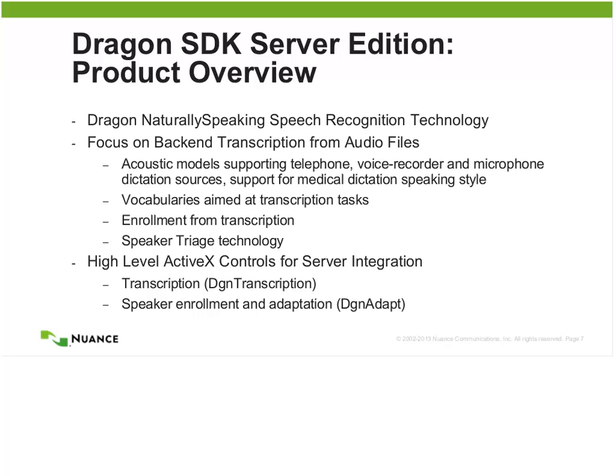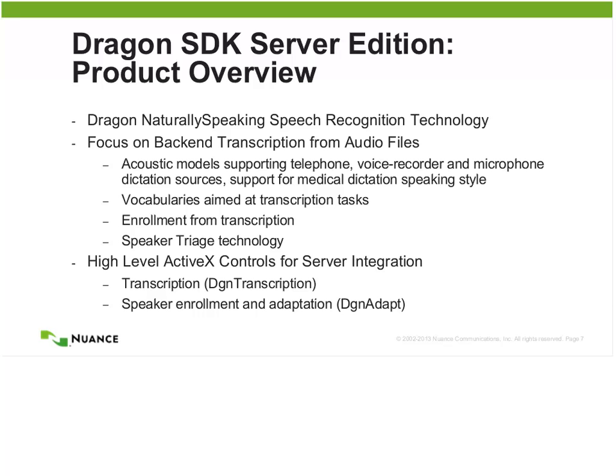We have specific tools that allow you to do enrollment from an audio file. So basically, if you have an audio file and a text file, you can then create an adaptive profile based on those two files.